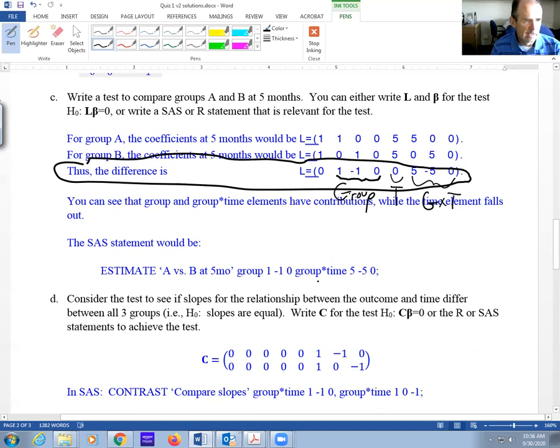If you do it in SAS, you don't have to include the intercept in time since there's 0 in that, so you only have to worry about the non-zero part. So you have group 1 minus 1 0, group by time 5 minus 5 0. There's 1 degree of freedom for that test, so we can do the estimate statement. We don't have to do the contrast, and we get an actual estimate of the mean difference between group A and group B at time 5.